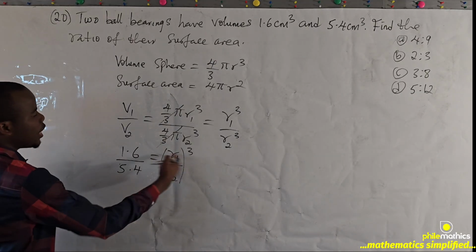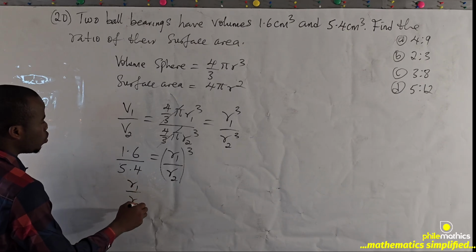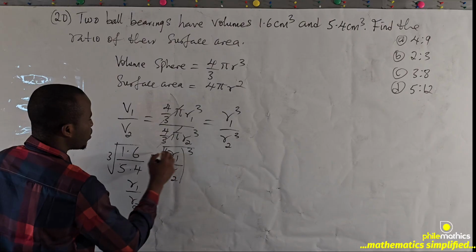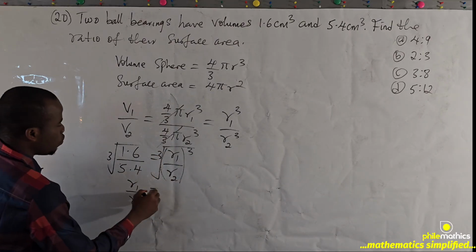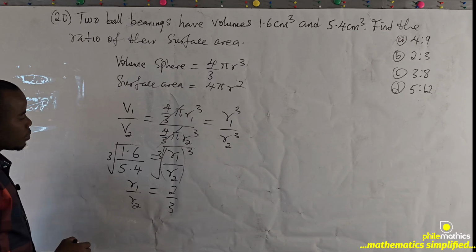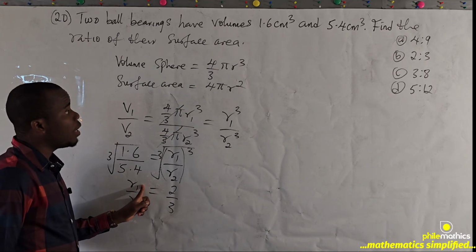So if we take the cube root of both sides, r1 over r2 will give us 2 over 3. And so this is the ratio of their radii.